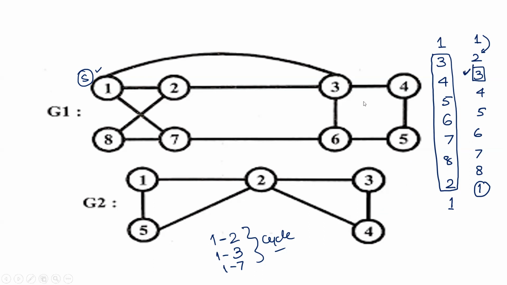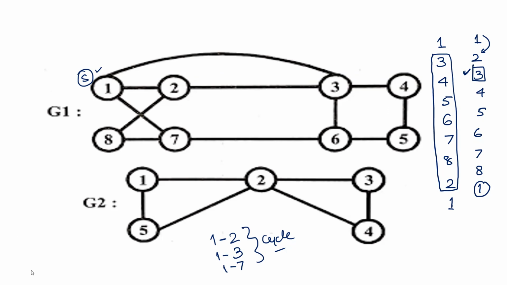So now the point is when you continue from vertex 2 to 3, it is not generating a cycle.